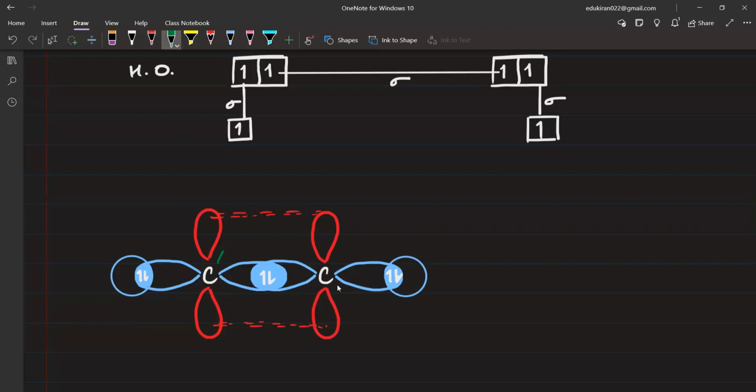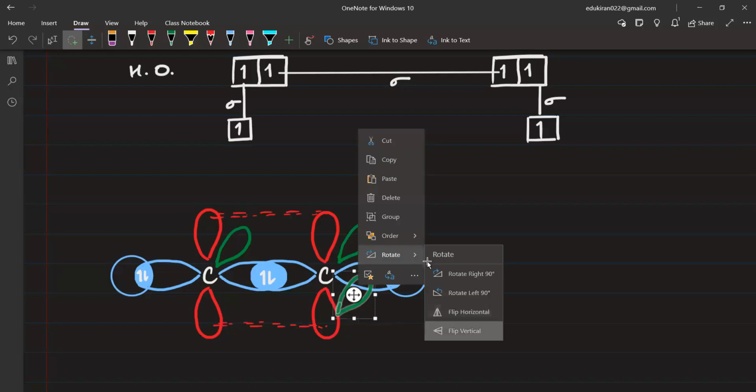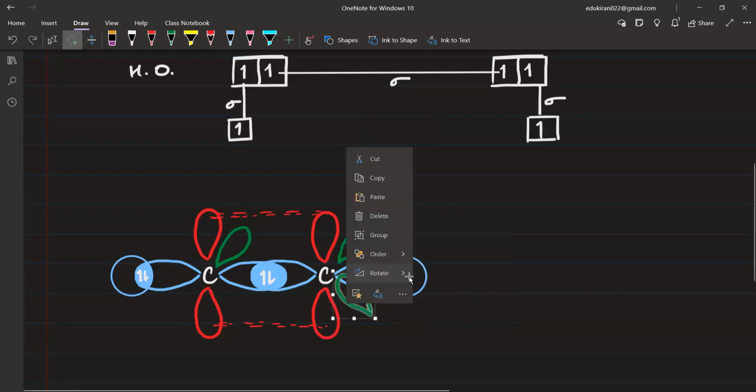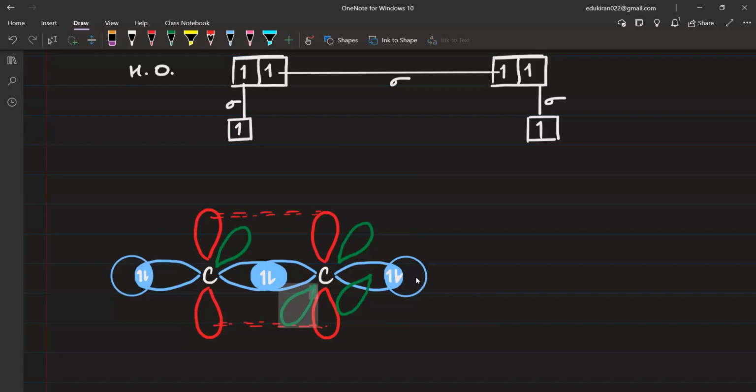I'm making it with green. And the green one will be interacting with the green one like this.